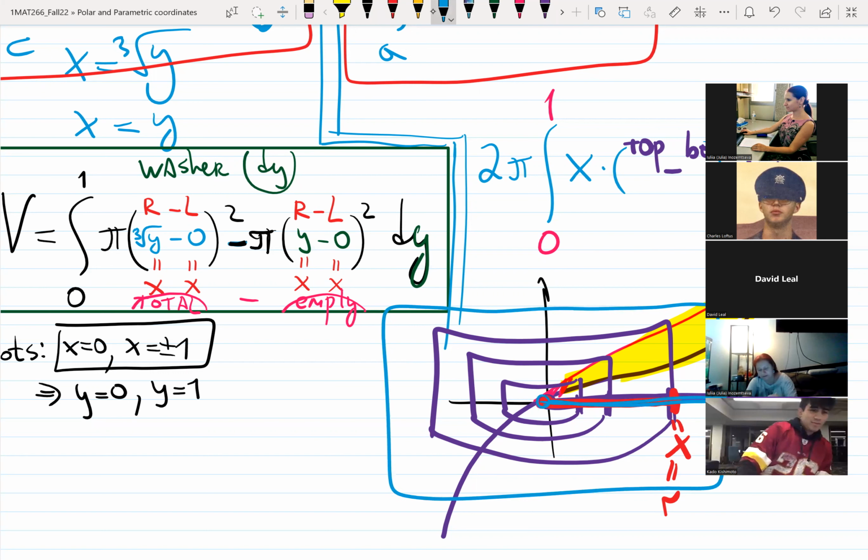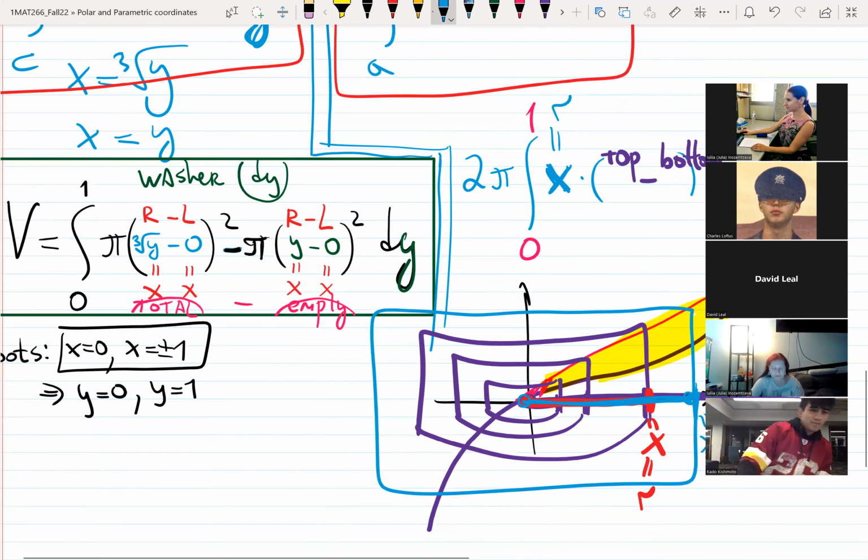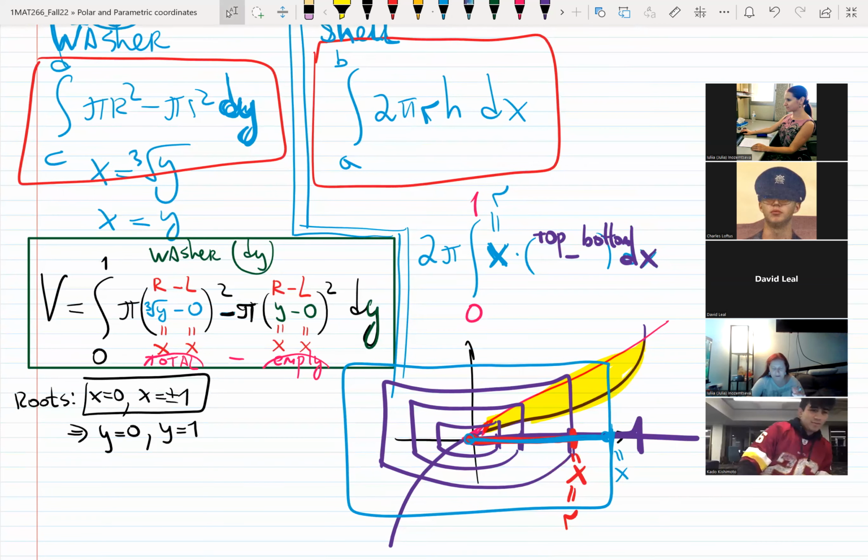Well, whatever this x is, let's say 0.9, then that's going to be the radius. So in general, x matches r. If there's no shift, that's exactly the same value. That's kind of hard to explain. It clicked for me at some point, and I don't know if it clicked for you or not. No shift, just put x or y instead of r. With a shift, I'll mention later.